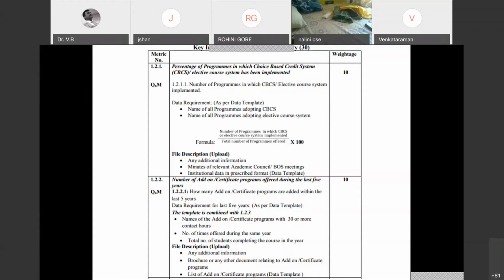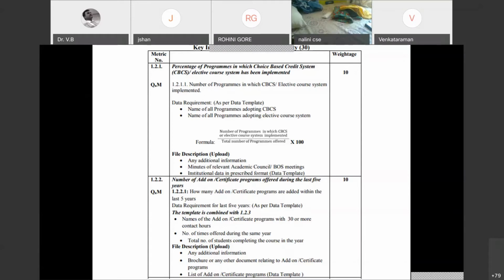Out of the various programs that you offer, for example, if I am a university and I am having 2 or 3 institutions, say a medical college and also an engineering college, then it is possible that in the engineering college I can employ the CBCS system, whereas there may be a program in which I cannot have any electives.